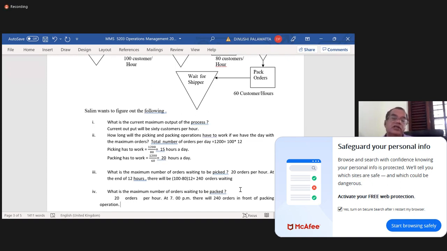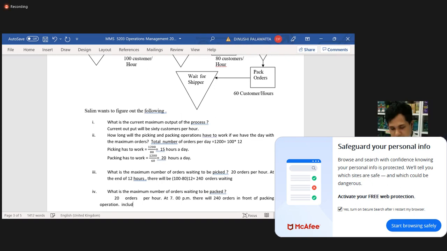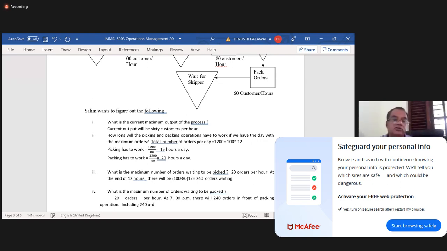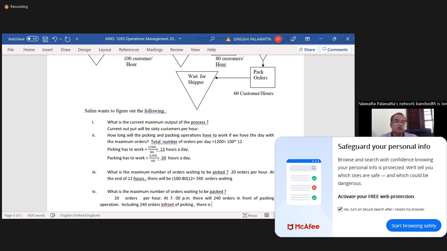So in total they have to pack, including the 240 orders in front of picking, the orders waiting to be packed.